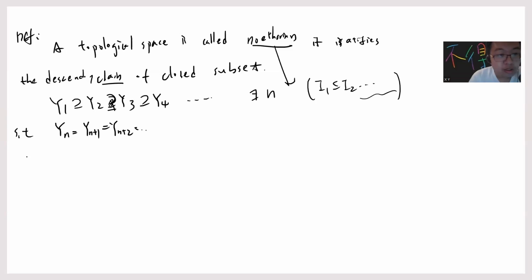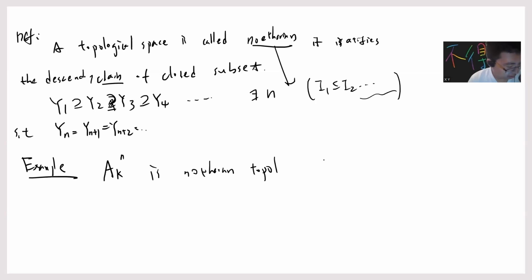Okay, so an example. Let's talk about the affine space A^n over K, and one can show that A^n_K is a noetherian topological space. The proof is very simple.